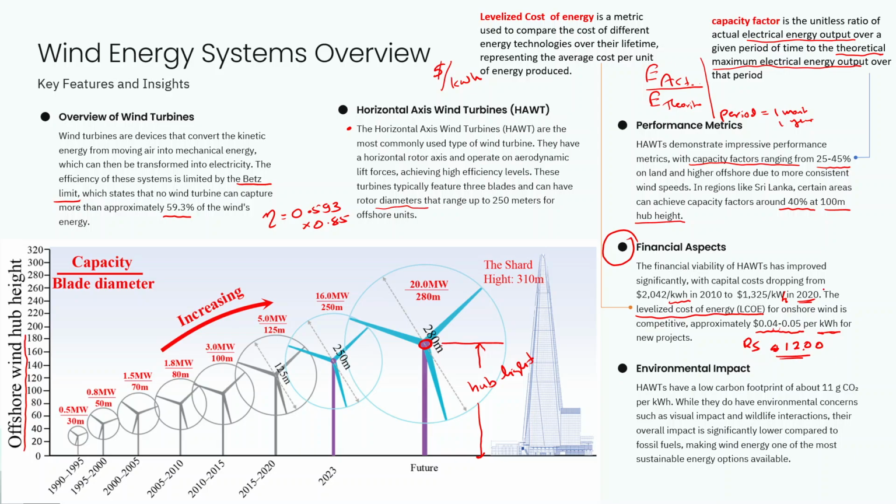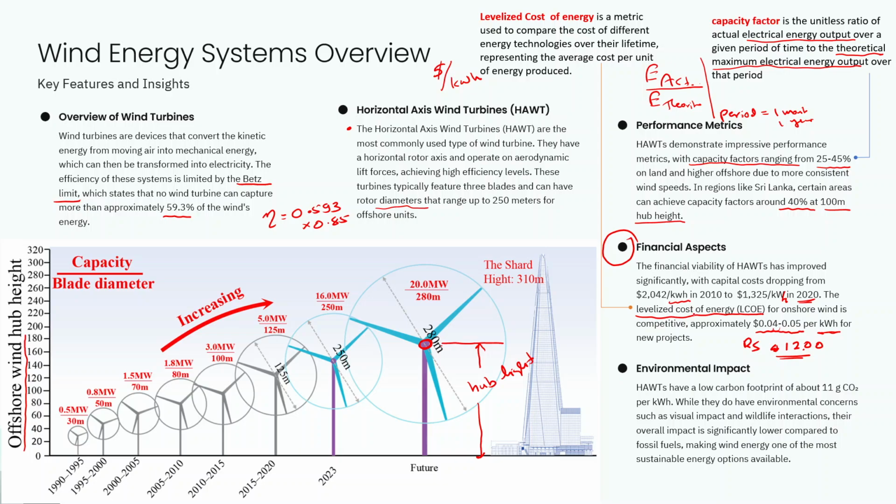So it's low compared to the levelized cost of energy for coal power plants and other fossil-fuel-based power plants. Because the wind is free, the operational and maintenance cost and the capital cost are basically dominating. The fuel cost here is almost free, so the rates are low.